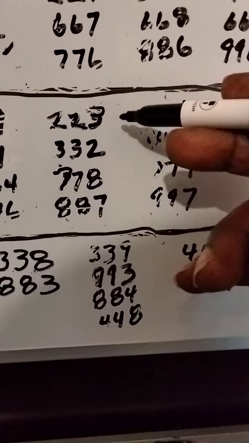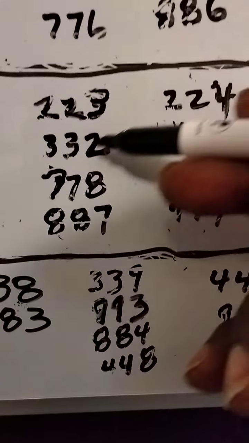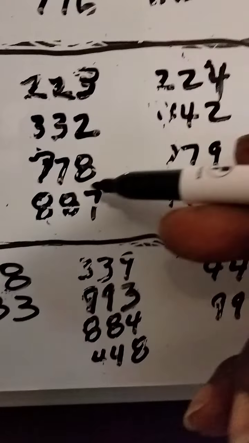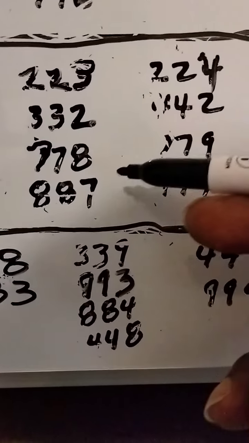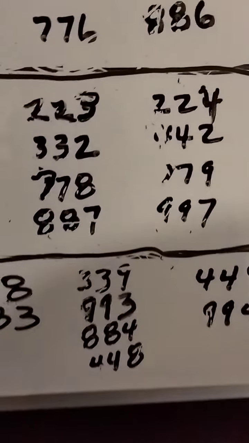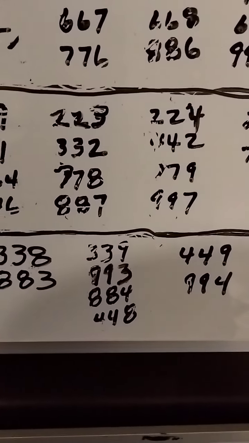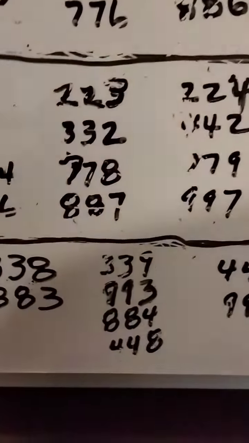All right. I can always tell at a glance what set, like the 2, 2, 3 and the 3, 3, 2 is a set, the 7, 7, 8 and the 8, 8, 7 is a set, and they mirror each other, okay? And I can tell at a glance what set didn't hit or what mirror didn't hit on the doubles.